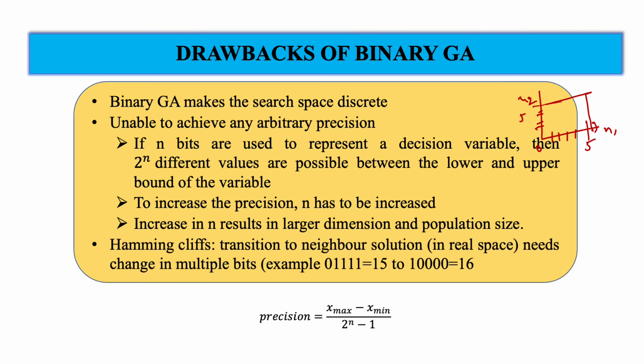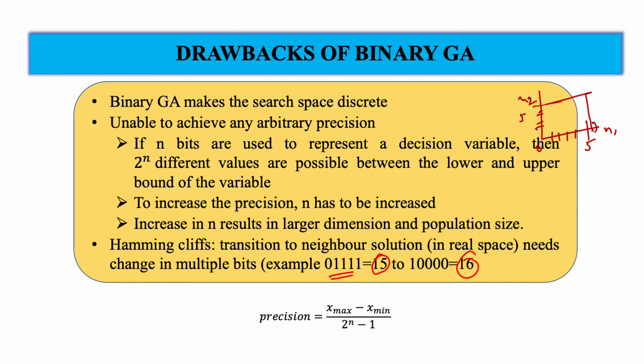Hamming cliffs. Let us say we are at solution 15, which has the code 0 1 1 1 1, and the decoded value of this is actually 15. From 15 I want to move to 16.